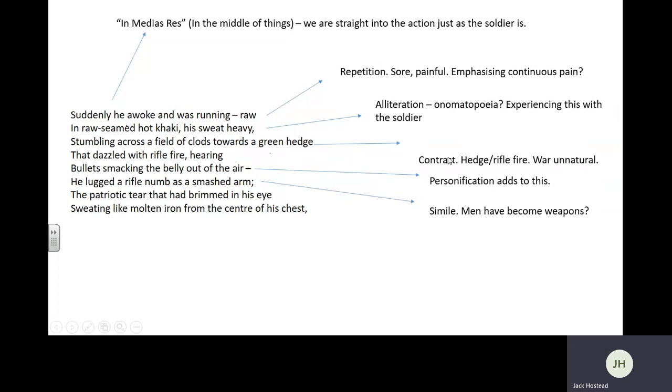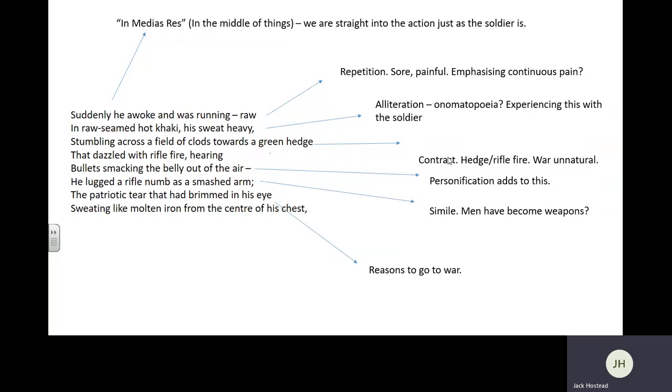"The patriotic tear that had brimmed in his eye, sweating like molten iron from the center of his chest." So that patriotic tear, we can assume that was maybe when he'd first enlisted and he was doing his duty. Almost maybe a tear of pride that he was doing the right thing.